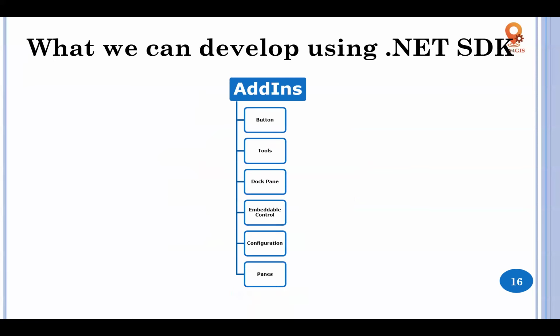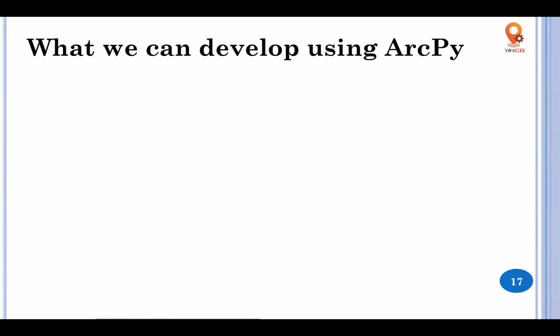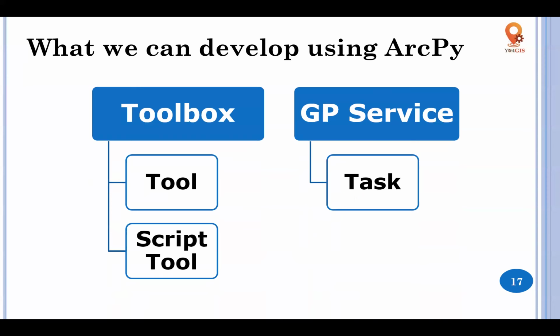Now, what are the things we can develop using the .NET SDK? We can develop buttons, tools, dock panes and all these things. And if we want to develop something using Python and ArcPy, we can develop geoprocessing tools, geoprocessing services, script tools, and we can create different kinds of tasks.